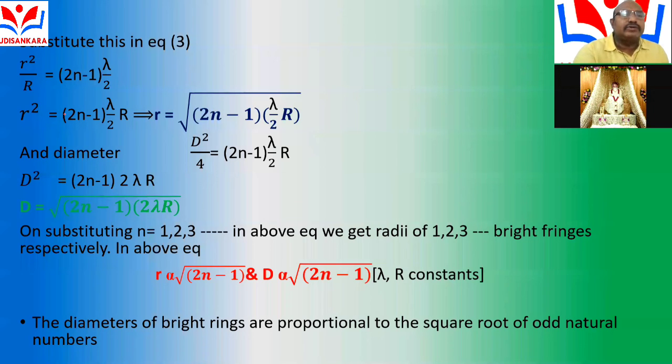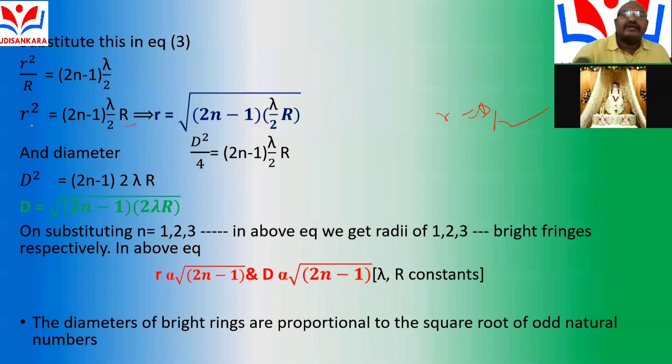Then r square is equal to 2n minus 1 lambda by 2 into R. Then r is equal to the square root of 2n minus 1 into lambda R by 2. So r is equal to D by 2, diameter by 2.